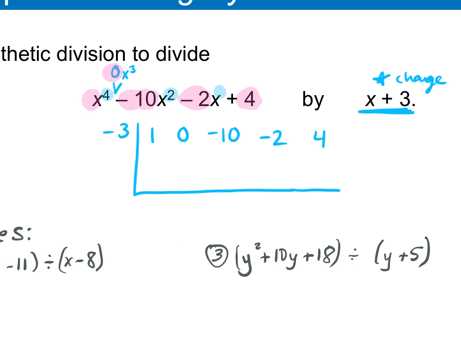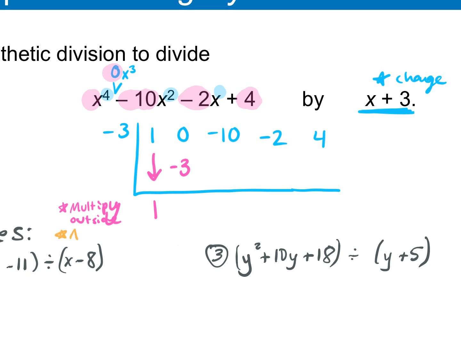Now for synthetic division, you always drop down the first number, and you're going to multiply the numbers outside. Multiply outside. So negative 3 times 1 is negative 3.